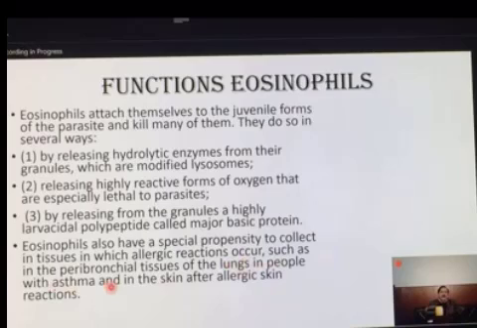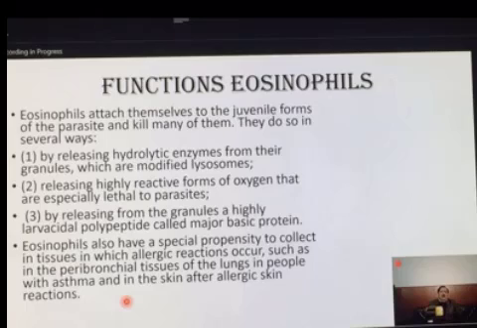They are found in the peribronchial tissue of the lung in people with asthma, and in the skin after an allergic skin reaction. Those organs which are exposed to allergic reaction, like lung and skin, show the first sign when there is allergy. It is due to the presence of these cells in the peribronchial tissue.